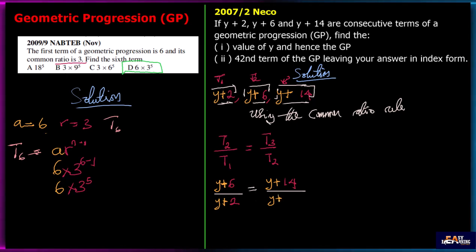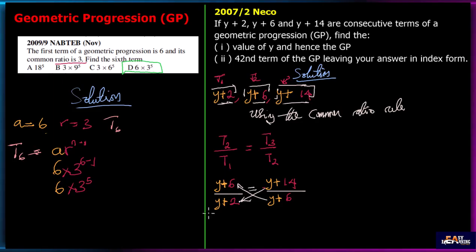So the next thing that we're going to do here will be to cross and multiply, so we can take away the fraction. To cross and multiply, this will come here, multiply this, and this will come here, multiply that.